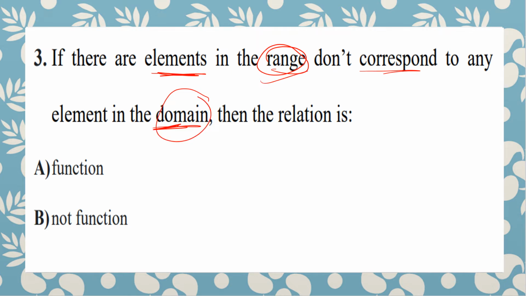We are concerned about the elements in the domain, and each element in the domain corresponds to only one element in the range, so this would be a function. But if some elements in the range don't correspond to any elements in the domain, this doesn't affect the relation or the function at all. So this relation is a function, and the correct answer is A.